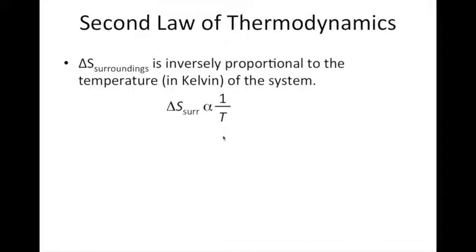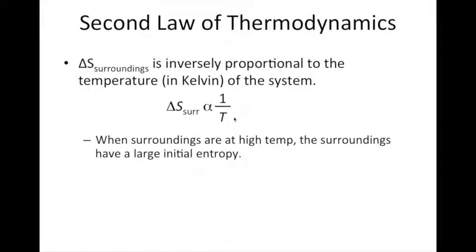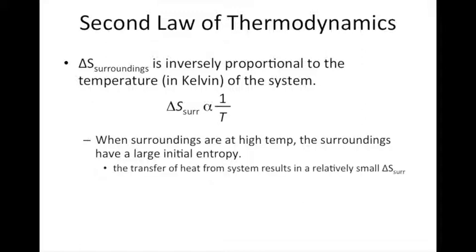So now let's take a look at why the entropy change of the surroundings is proportional to 1 over the temperature. Of course, our temperature is in Kelvin. When the surroundings are at high temperatures, the surroundings have a large amount of entropy, right? So if the surroundings have high temperature, the molecules are moving faster, so the initial entropy would be relatively high.